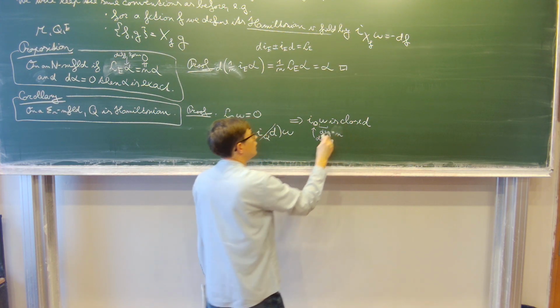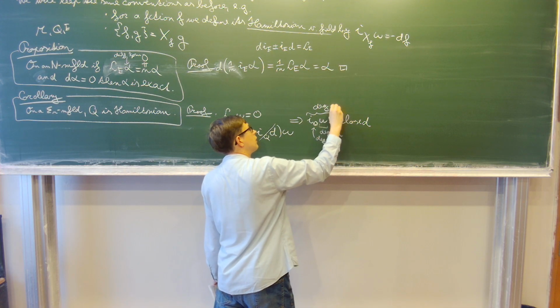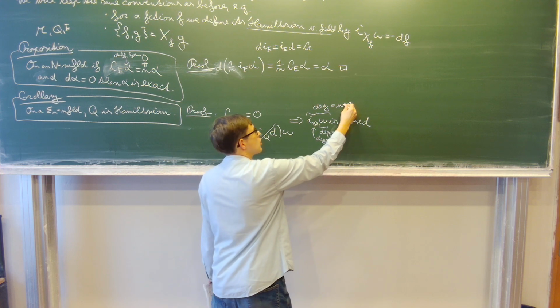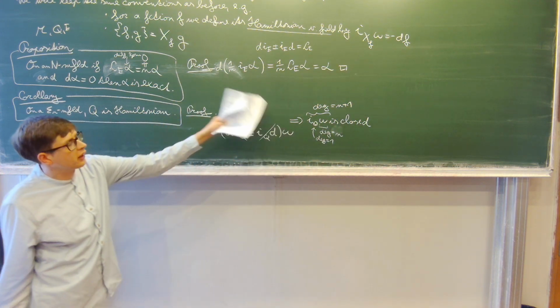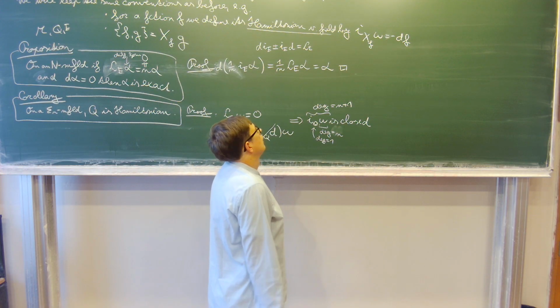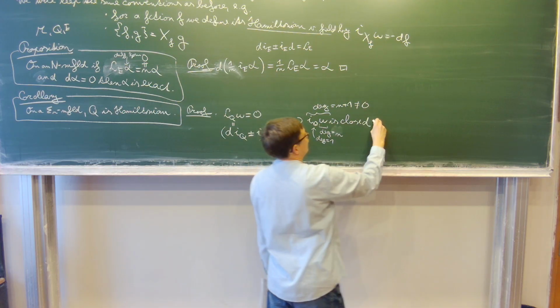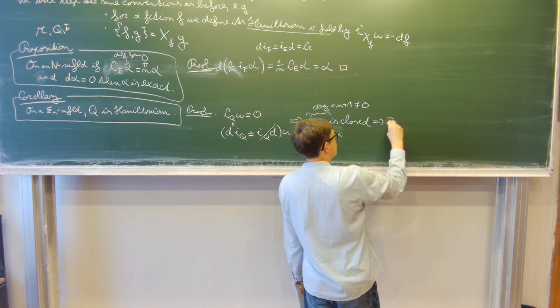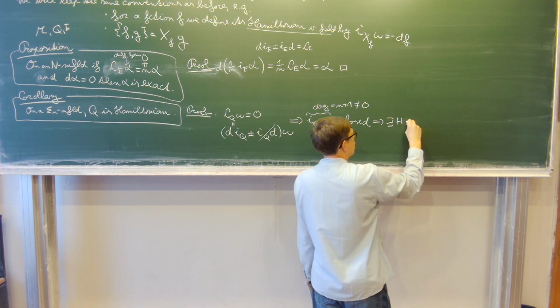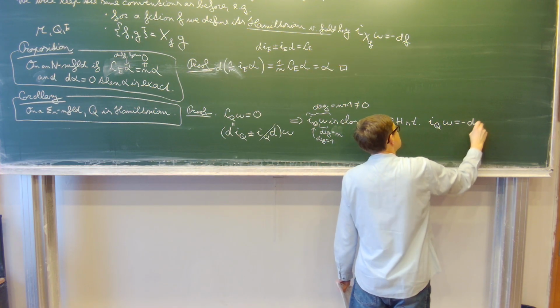So this is n. Total degree is just n plus 1. You can check this. If you hit the Euler vector field, it just goes 1 by 1. It just really adds up the degrees. Hence, it's exact. h is the function. I will put h times that I_Q omega minus d h.